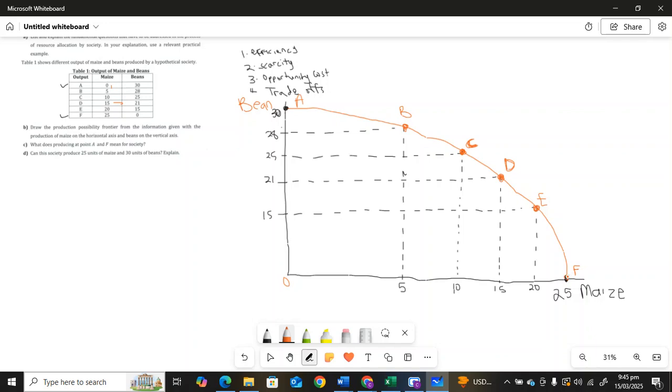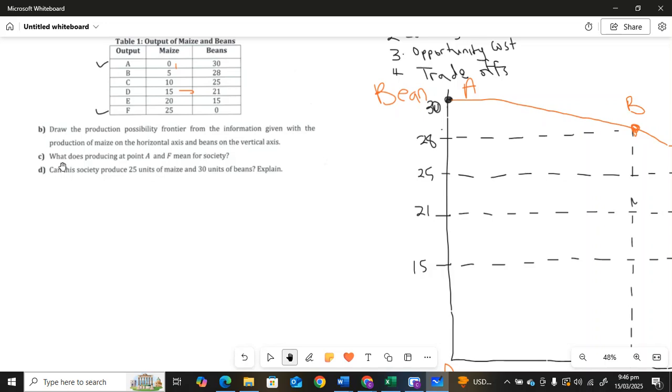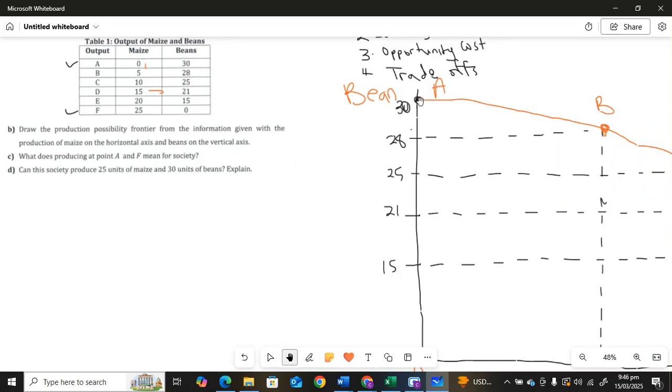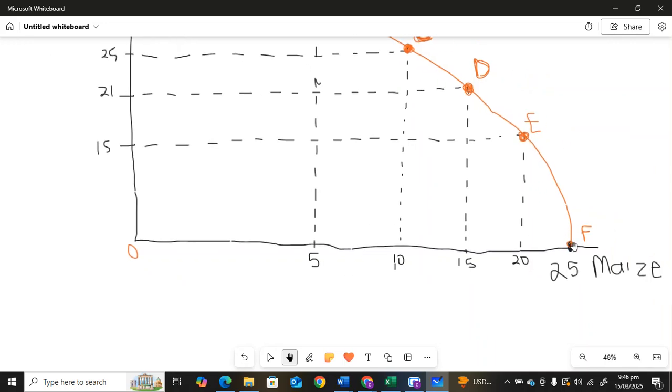Okay, the next part of the question says, what does producing at point A and F mean for society? So if you're producing at point A, it means you're only producing beans. You're only producing one good for the society. If you're producing at point F, it means you're only producing maize.